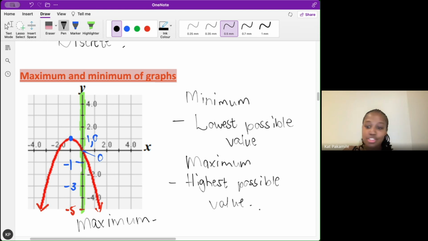Don't be sorry, you just need to learn. We're here to learn, right? So we need to understand that all the other values of this graph will be less than 1. That means that 1 is the highest possible value that you will ever get in this graph. That means it has to be your maximum.